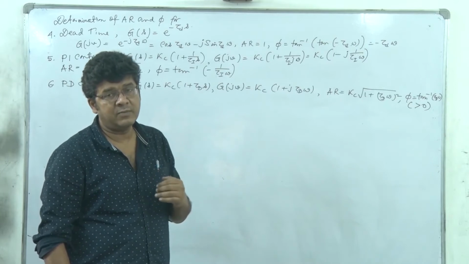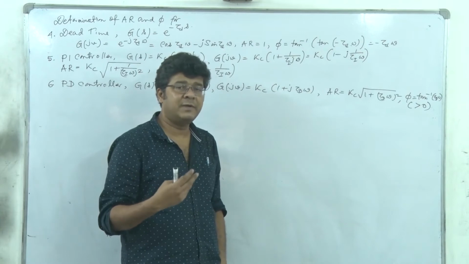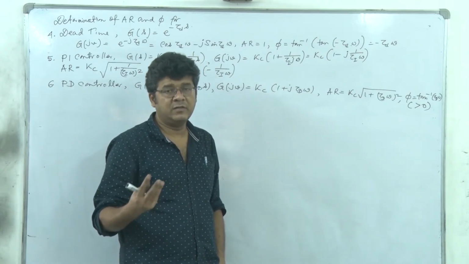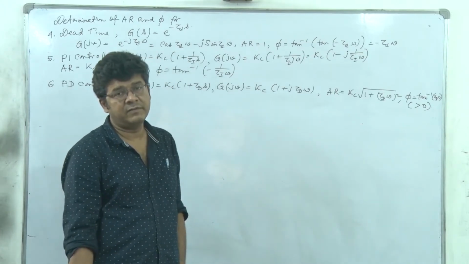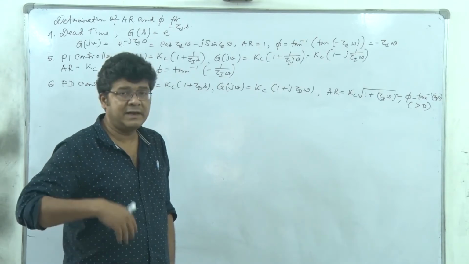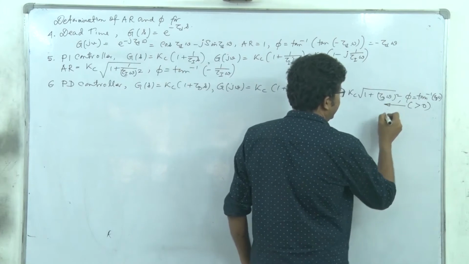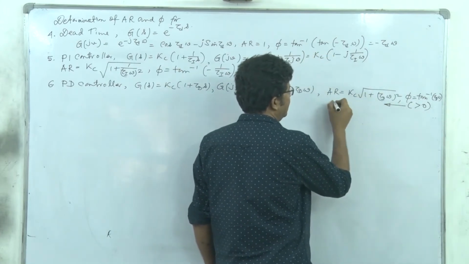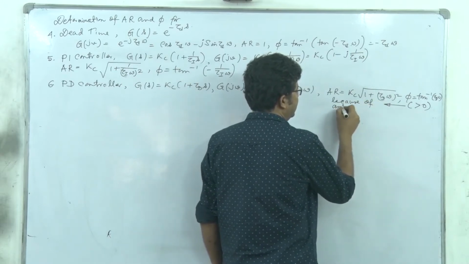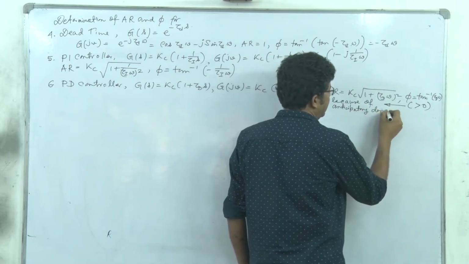Derivative mode can foresee, it anticipates, because it takes the derivative of the present error. So essentially it must lead the input, and that's why phi is purely greater than 0, because of the anticipatory derivative.